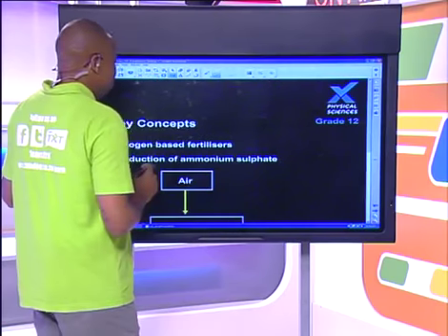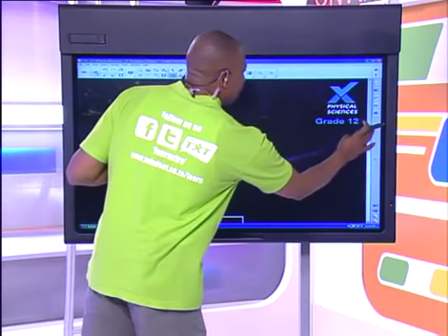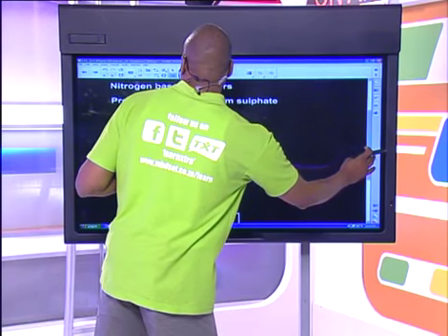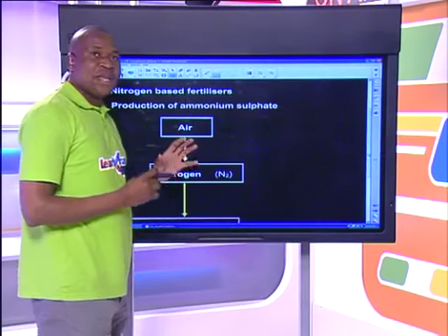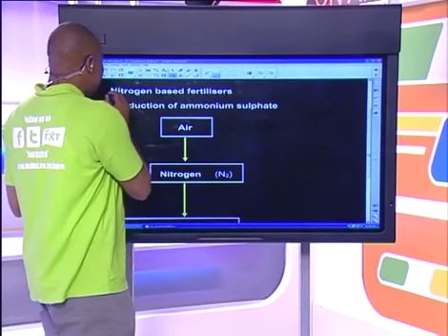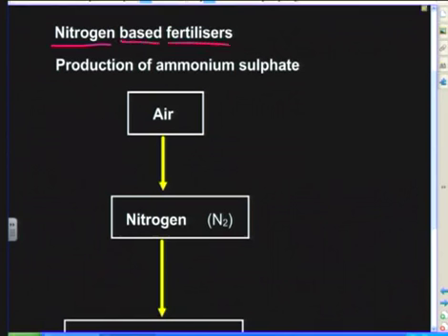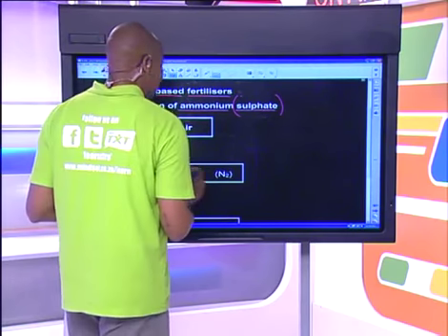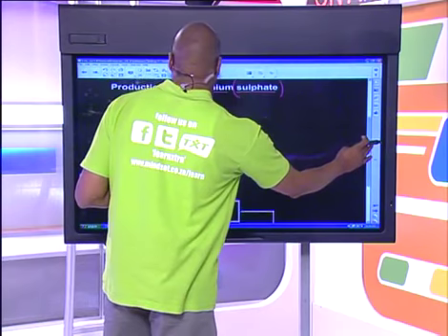Right. Coming to this part here, we're still talking about nitrogen-based fertilizers, the production of ammonium sulfate. The fact that we're bringing in the sulfate means that sulfate must be coming from somewhere, and we'll see where we get it.